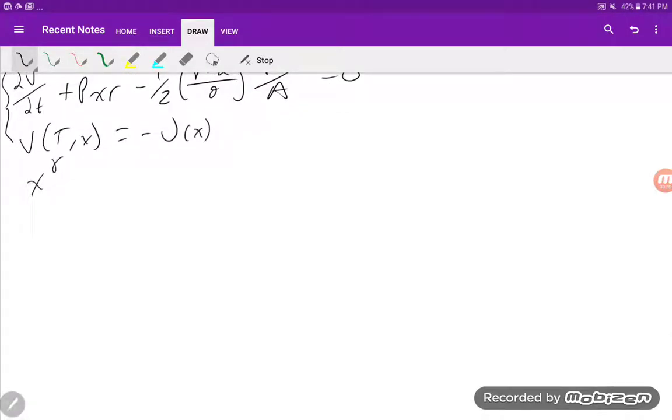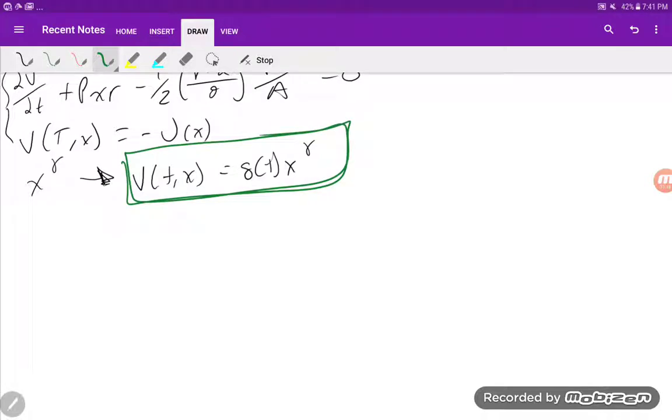So we're just going to make a really simple linear ansatz that the value function is equal to some function g of t times x gamma. I'll say value function ansatz.